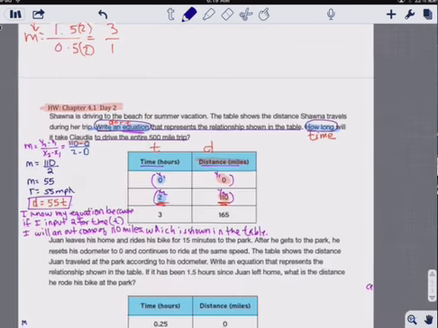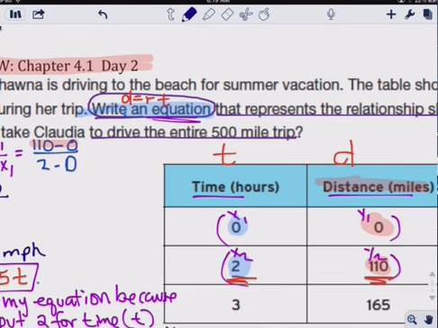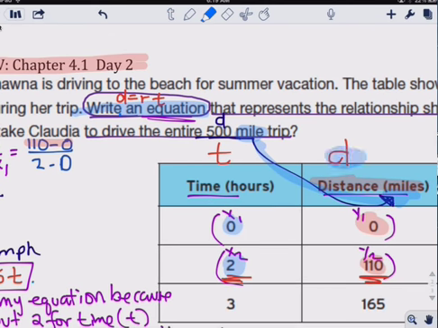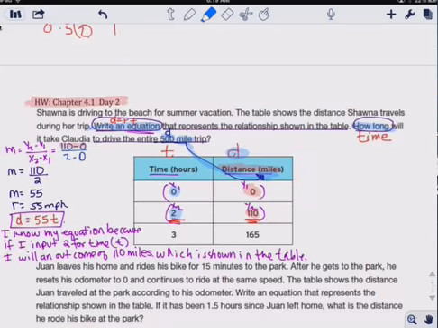Okay, so 500 miles is the total distance. Miles is distance. That's how you know. From right here it says miles. That relates to miles. So you know 500 is D for distance.